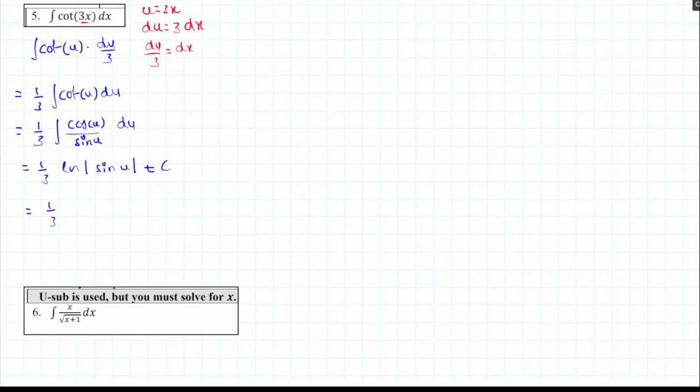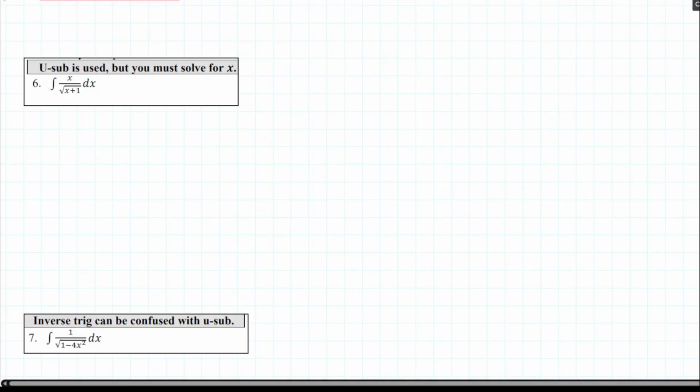So that is 1/3 ln absolute value of sin u, and u equal to 3x, so 1/3 ln absolute value of sin 3x plus c. So this is the integration.